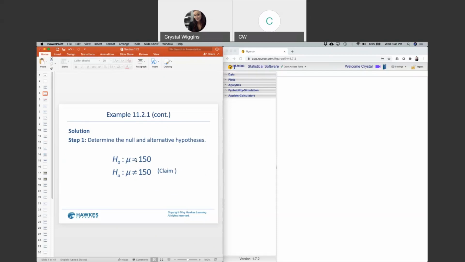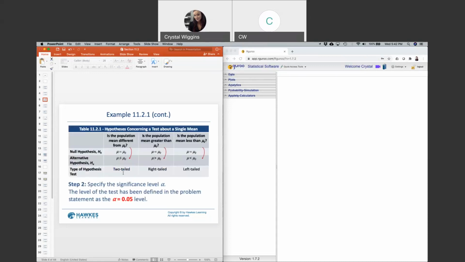So we have an equal and a not equal to sign. They're complementary signs. And this number is both set at 150. So we have the exact value of 150, and then the rest of the number line is here. So anything other than 150. We are doing a hypothesis test in the world of the means, so we'll use the population parameter mu.